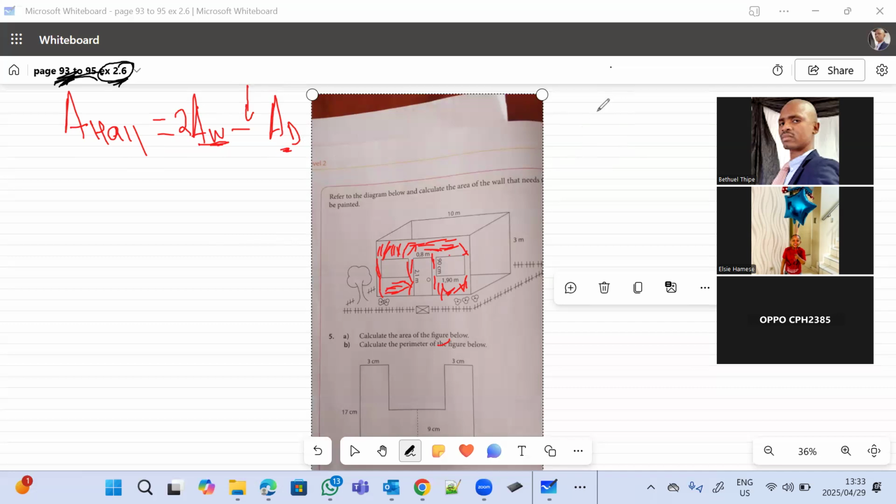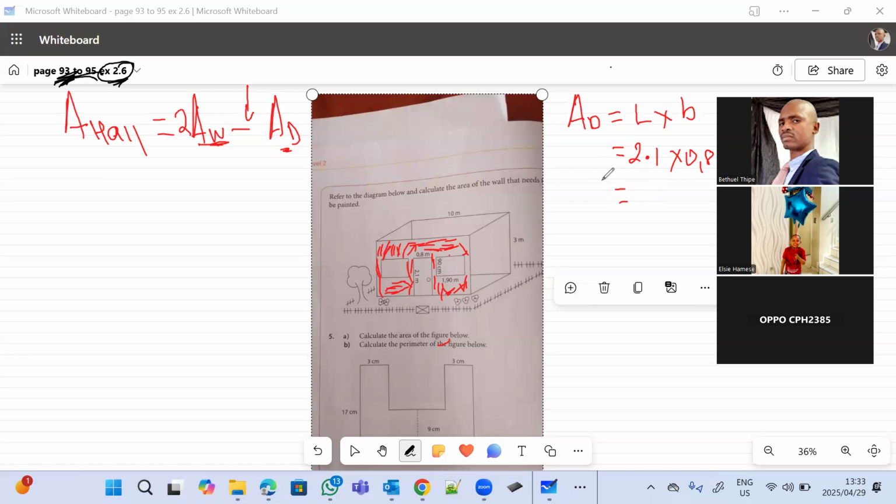So if you can see the area of the door, the length is 2.1 meter times 0.8. Somebody use a calculator there to get the answer.